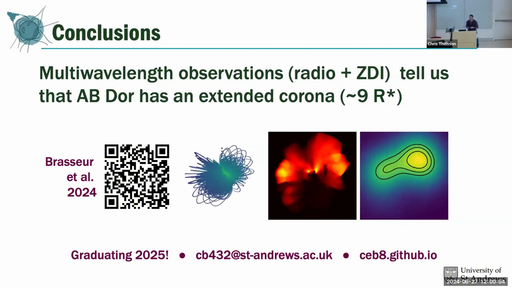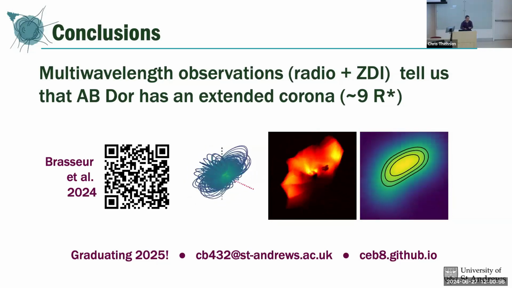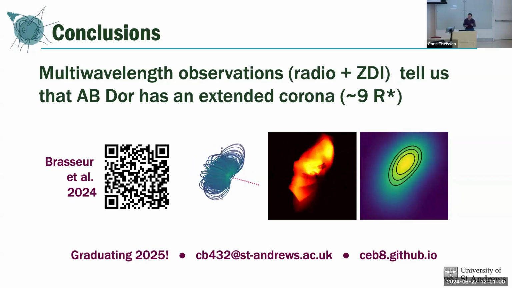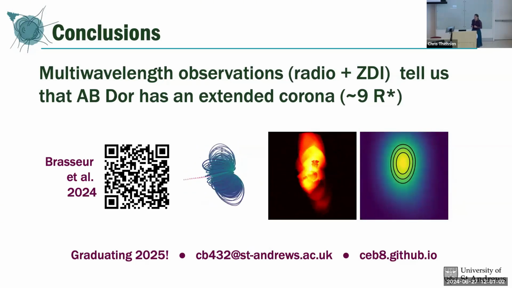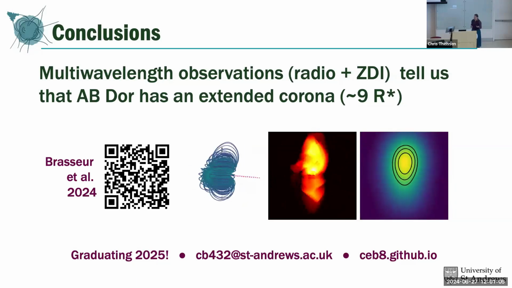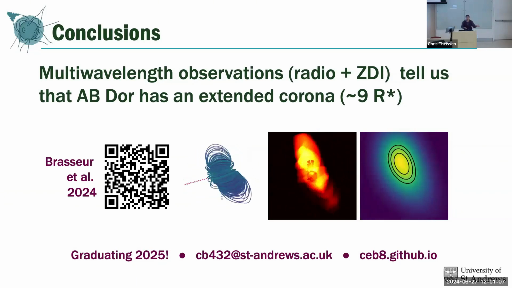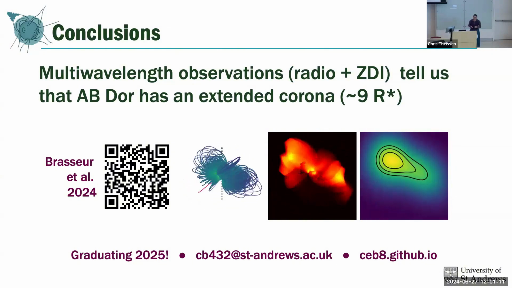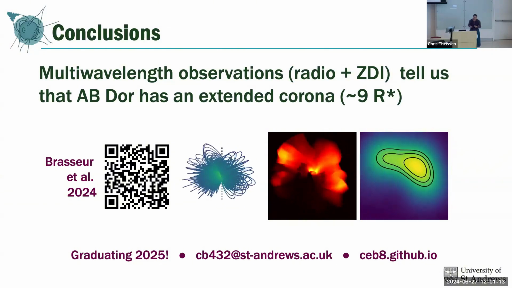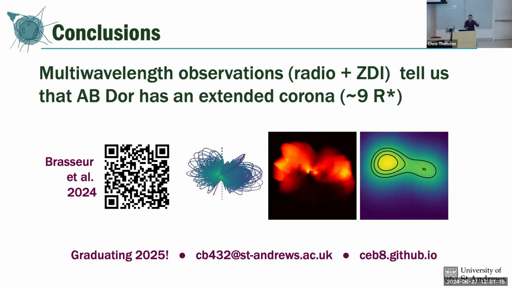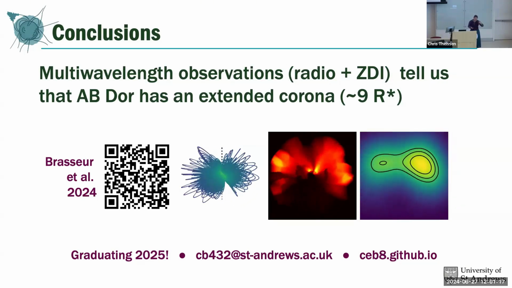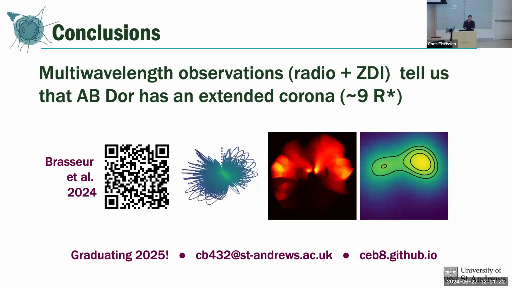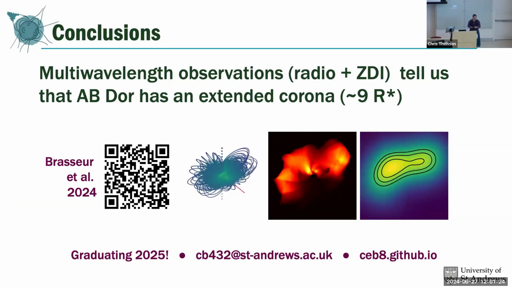So it wasn't something that we could really use to discriminate between models. But yes, it is consistent. And the X-ray data is one of the reasons that I tend to favor the higher temperatures. Because of that, we believe that AB Dor has a high temperature corona, which is why, for the lower temperature contours that don't agree with the others, instead of considering them, we tend to prefer the higher temperature result.